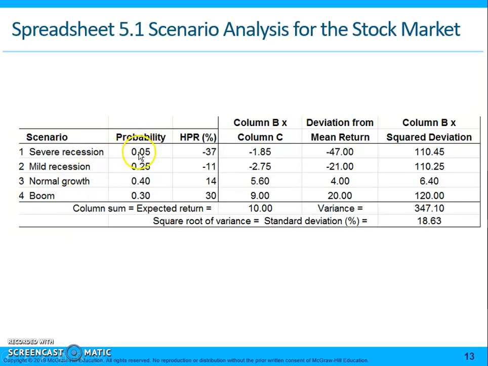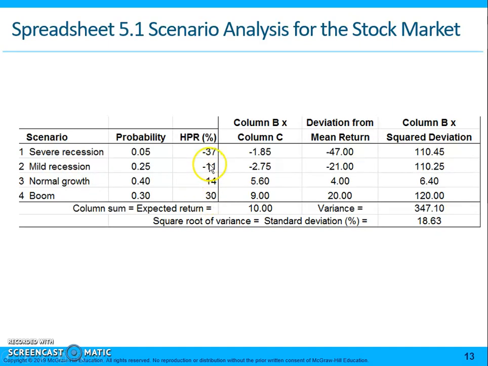The probabilities respectively: 5% for severe recession, 25% for mild recession, 40% for normal growth, and 30% for boom. Holding period return for each of those: loss of 37%, loss of 11% in a mild recession, 14% growth in normal, 30% growth in a boom.